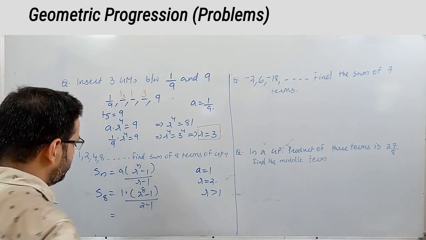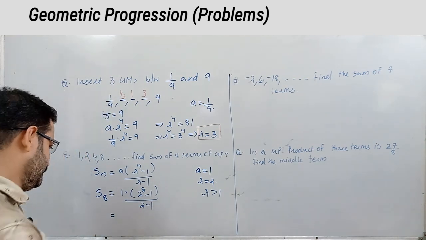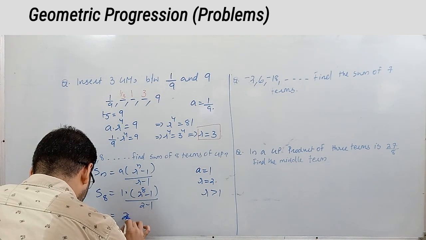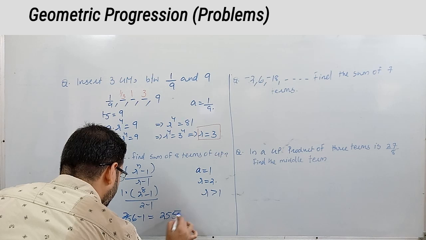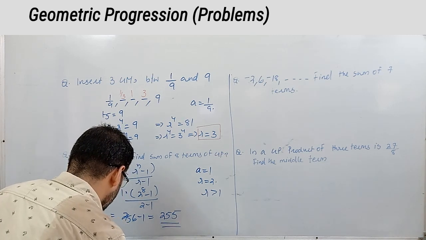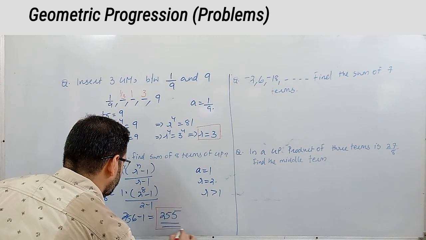We can find using a calculator: 2 raised to 8 is equal to 256. That means 256 minus 1 equal to 255. The sum of 8 terms of the given GP will be 255.